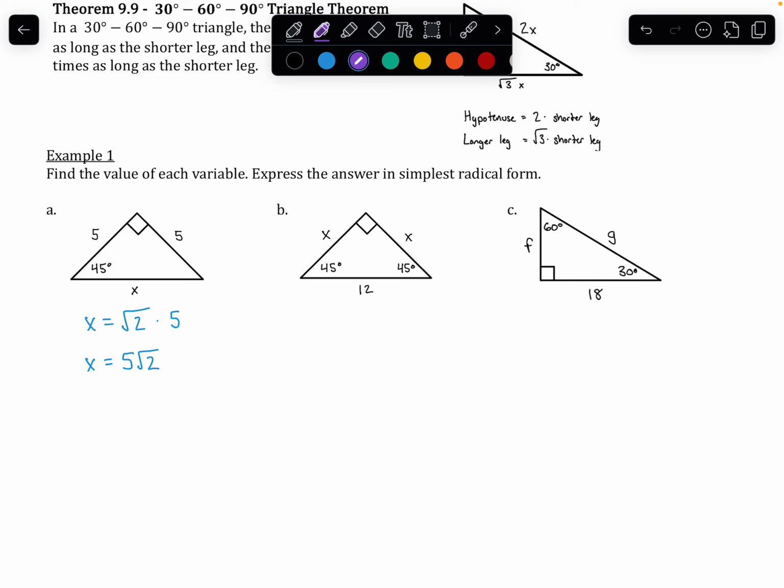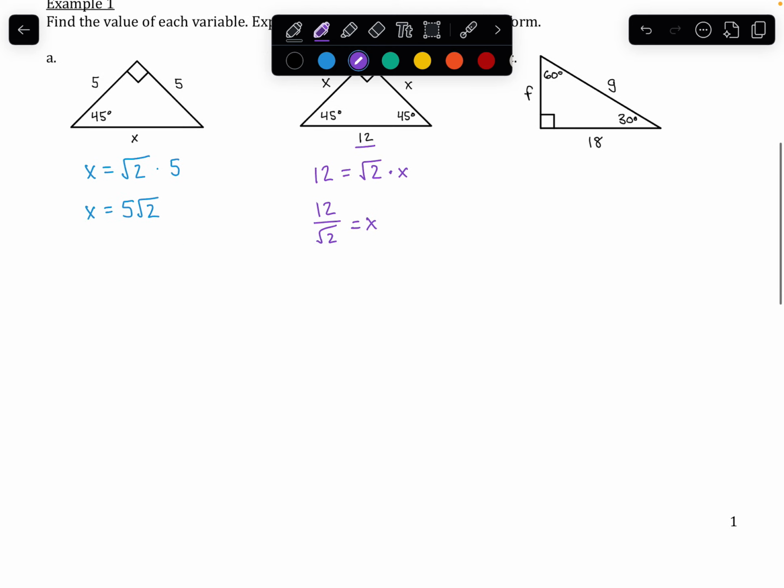Now, my next triangle is also a 45, 45, 90 triangle. So I'm going to look at my hypotenuse, which is 12. So 12 equals square root 2 times a leg, which is x. I'm going to divide by square root 2 on both sides. So we get 12 over square root 2 equals x. Now I need to get rid of this square root 2. So I'm going to multiply the top and the bottom by square root 2.